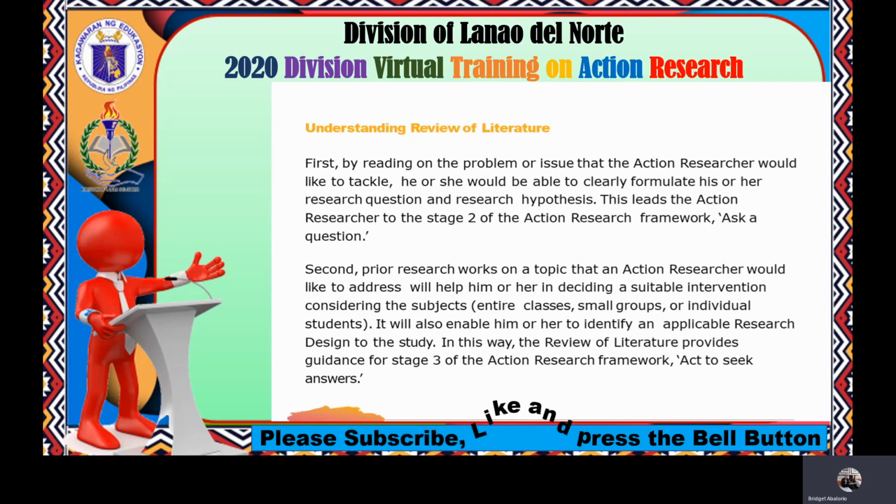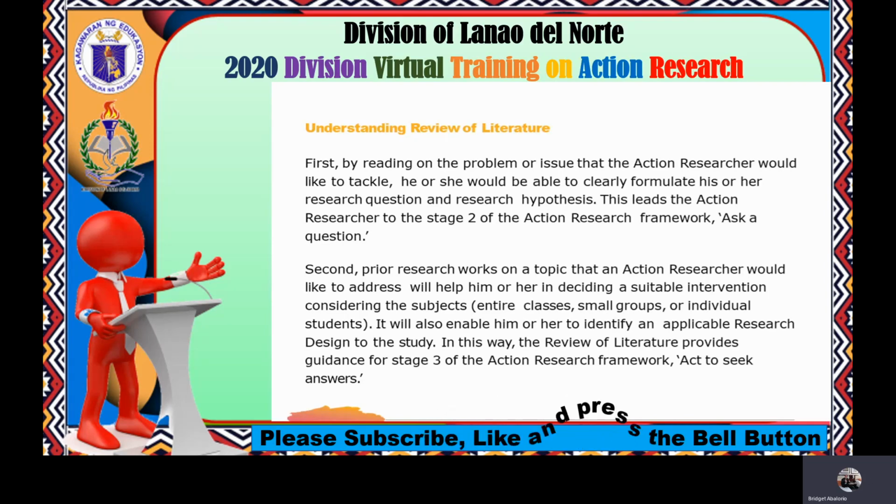Okay, let's proceed. Second, prior research works on a topic that an action researcher would like to address will help him or her in deciding a suitable intervention considering the subject. So we will consider the classes, small groups, or individual students. So in this stage, you're going to find a suitable intervention.